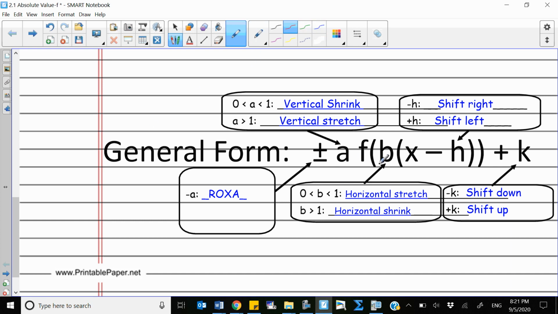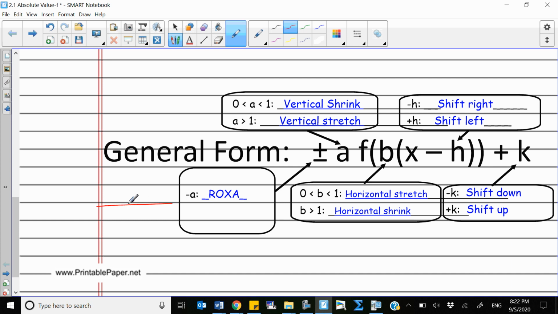The general form of transformations that can happen to our function is this: plus or minus a times f of b times x minus h, plus k. So if we have a negative outside of the function, that means we have a reflection over the x-axis.